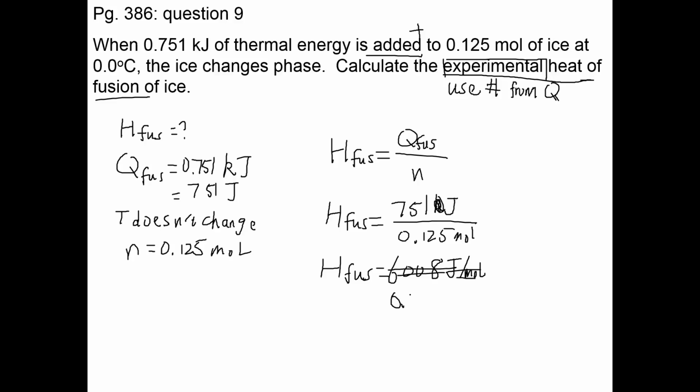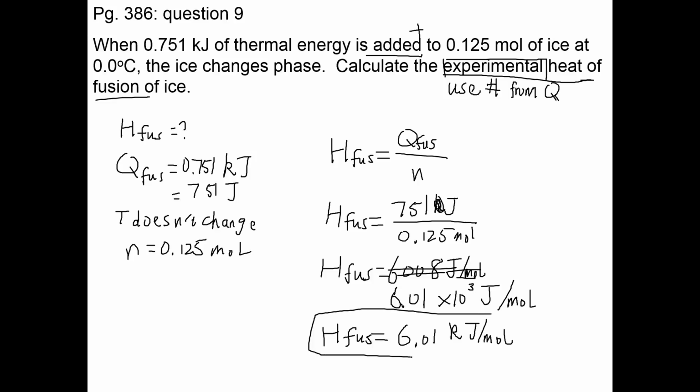So 6.01 times 10 to the 3 joules per mole. If you're going to calculate more, of course, we're going to have to use 6,008, but we're not calculating more. This is our answer, so we should record it with the correct sig dig. Kilojoules per mole. All right, so that's the heat of fusion of water within the context of this question, the experimental heat of fusion. That's a very straightforward use of this formula.